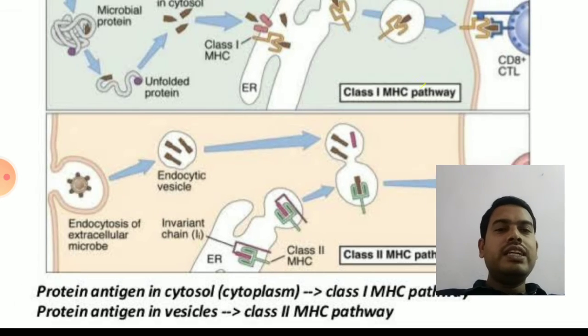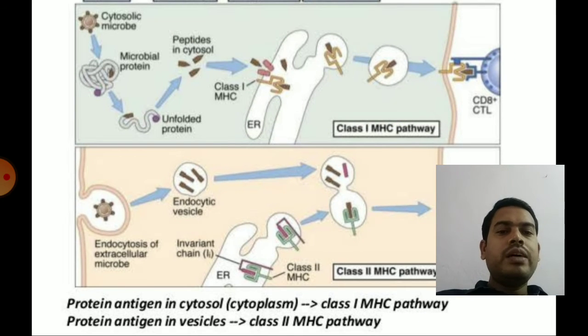So you can clearly see the difference. The peptides in class 1 MHC are processed in the cytosol, the MHC class 1 binds to the processed peptides inside the ER, and then it is transported to the transmembrane region. But in class 2 MHC molecule, the peptides are processed outside the ER and the MHC molecule combines with the processed peptides outside the ER.